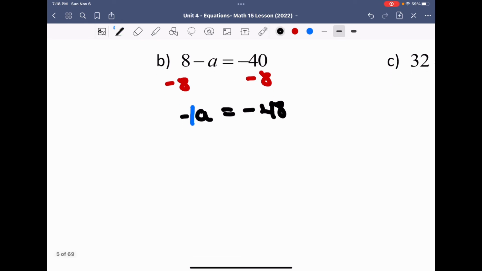So if I'm multiplying negative 1 to a, I could multiply the negative 1 to both sides or divide by the negative 1. The opposite of multiplying is to divide. So I can go divided by negative 1, divided by negative 1. And therefore, a is equal to 48.